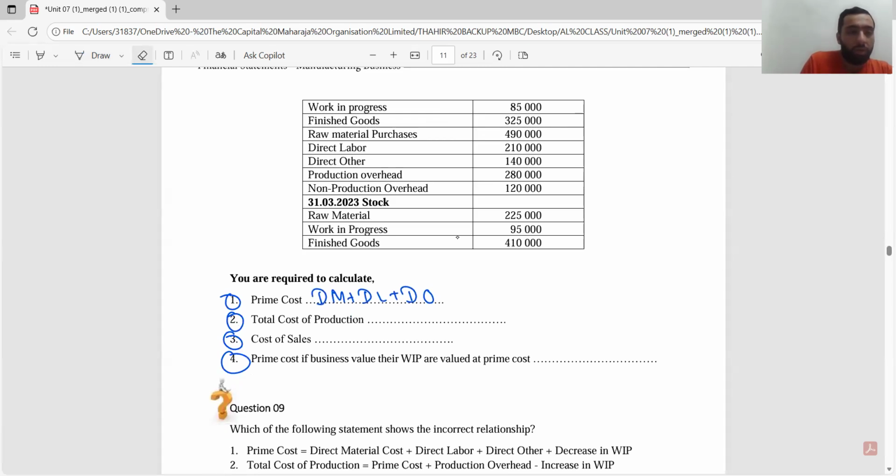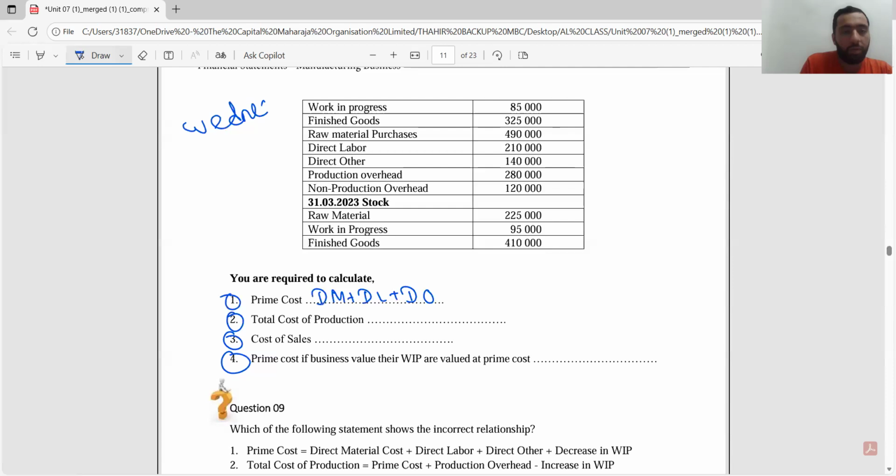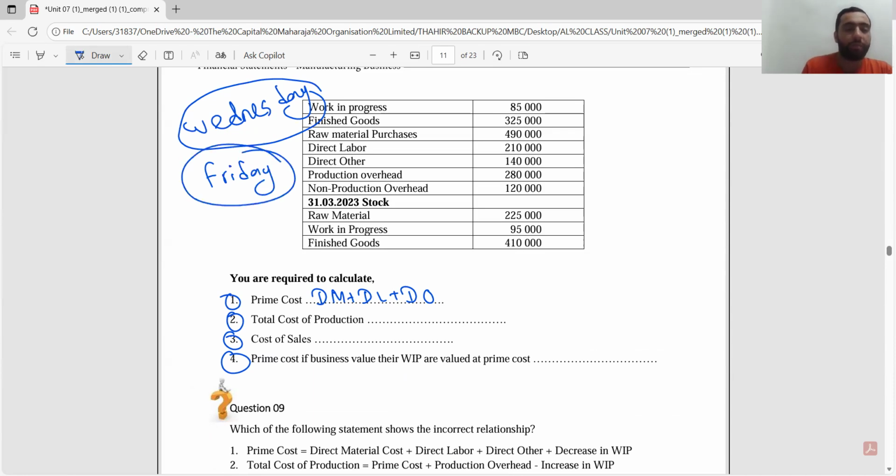So we will start from here. I will let you all know whether I am going to conduct the class this Wednesday. And Friday we cannot do this class, there is no chance. And then the next class would be on Sunday. I will confirm whether the class will be conducted on Wednesday or not.